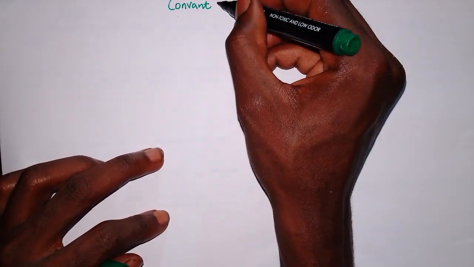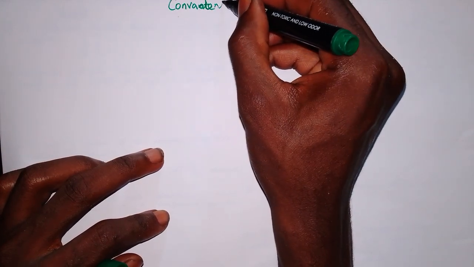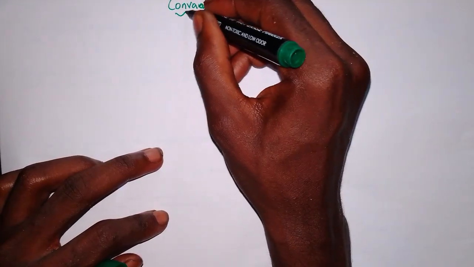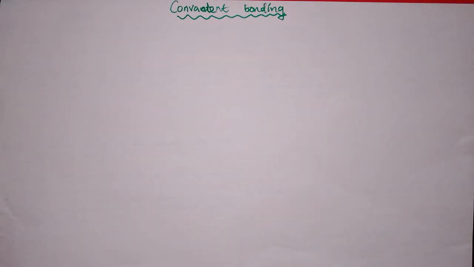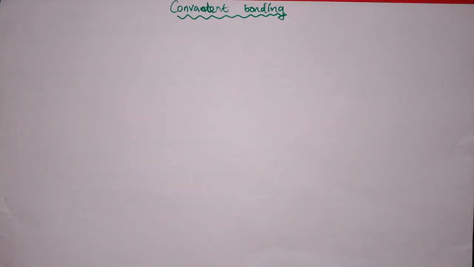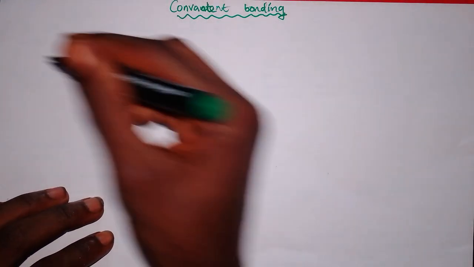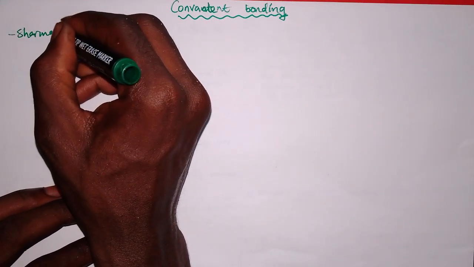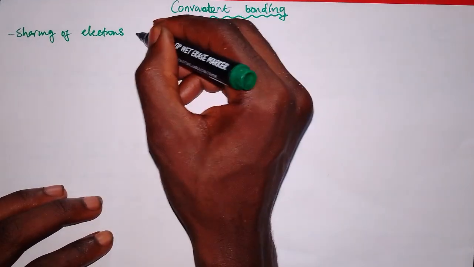Covalent bonding. So what is covalent bonding? Basically, covalent bonding is the sharing of electrons between non-metals.